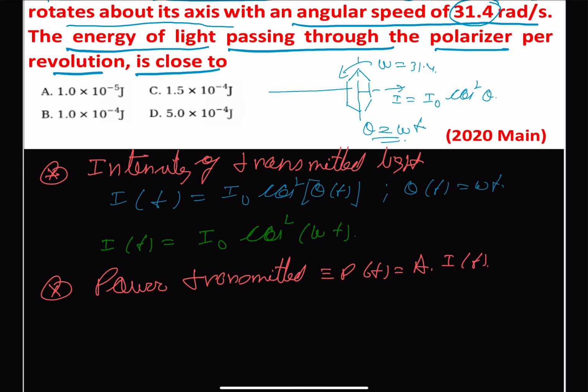We substitute the formula for I of t, and we get P of t is equal to area times I naught cos square omega t, and we need to find out the energy transmitted per revolution.